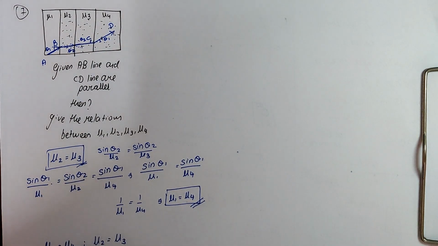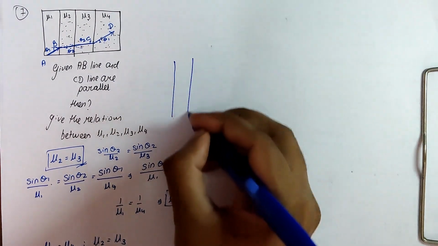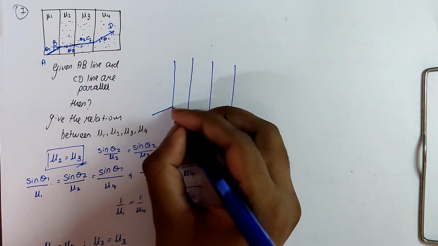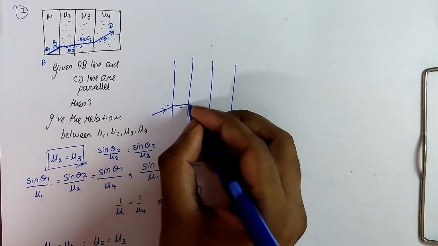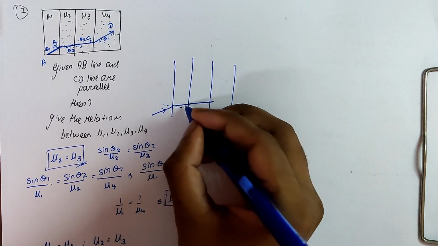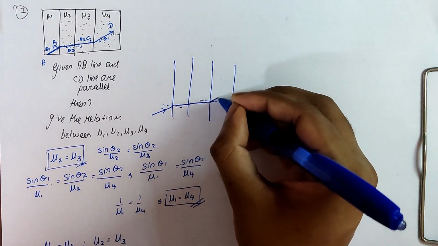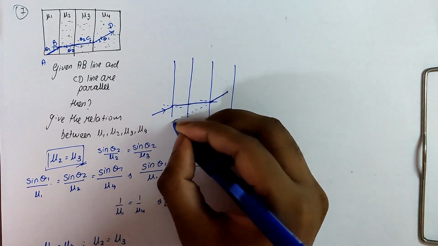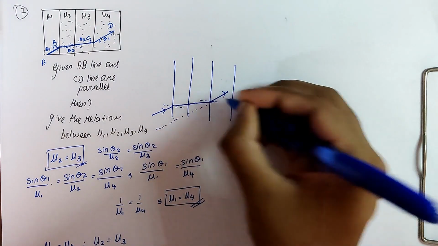So in this thing we can conclude that, let me draw the layers again in a bigger manner. So we have a light ray like this, and then it refracts. It still goes in the same manner, there's no change there, but then it again refracts in such a manner that this line and this line are parallel. If I extend this, you would see this line and this line to be parallel.